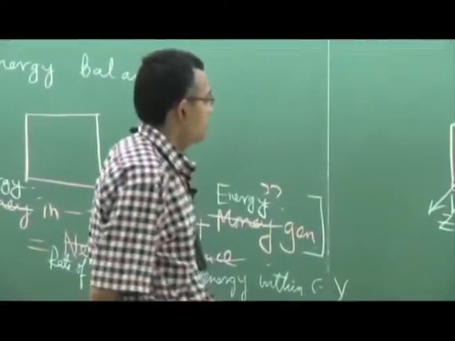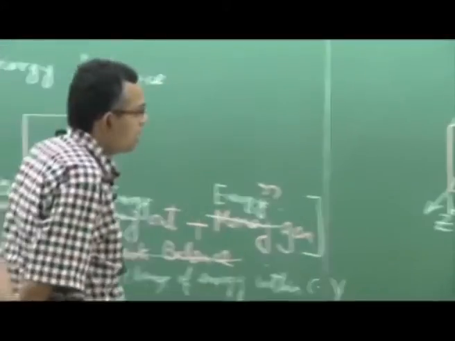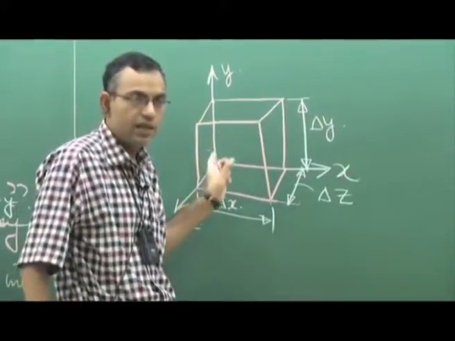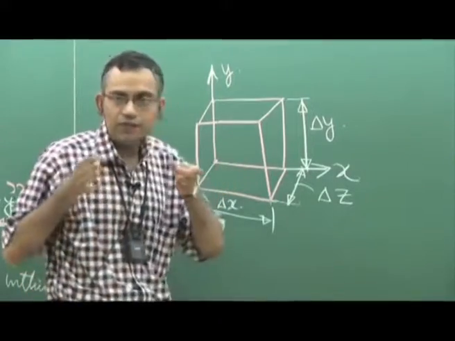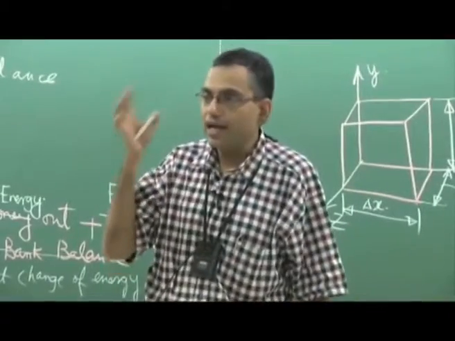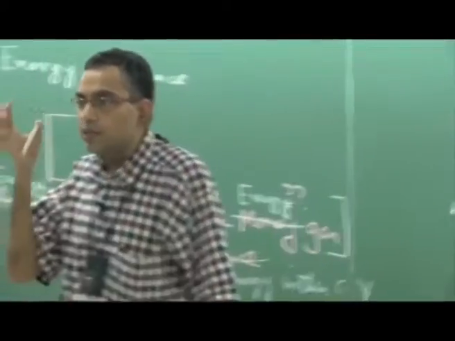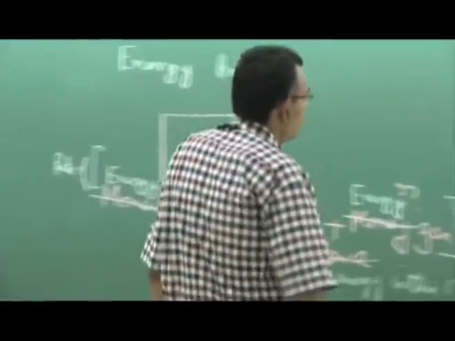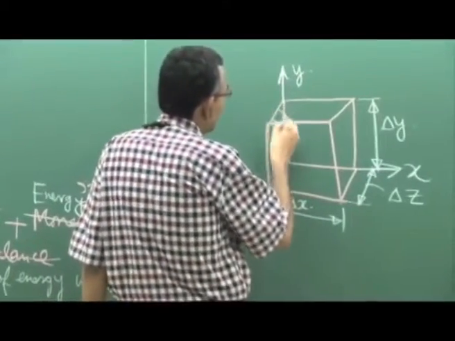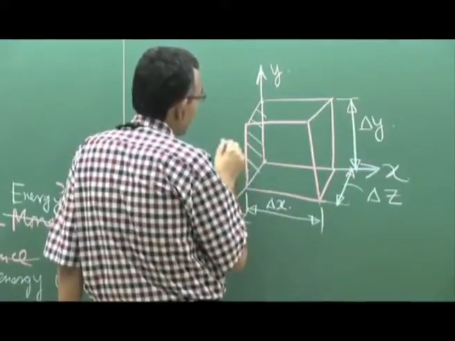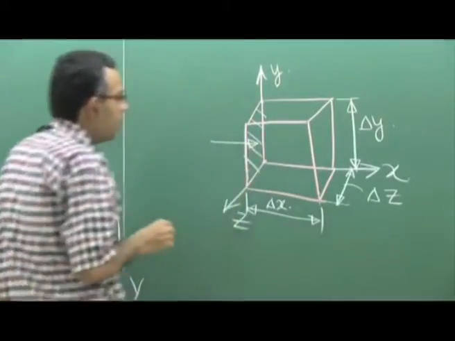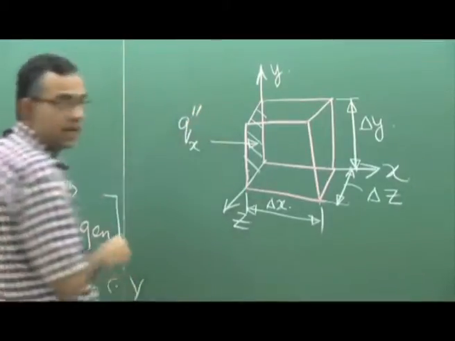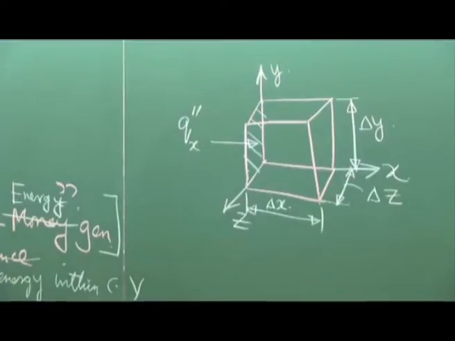Now what we do is we will consider all the faces. How many faces are there? You have 6 faces in this volume. So over each face we are interested to write a description of the heat transfer, and for example, if we consider this face, we will represent it by a quantity which is called heat flux, right.